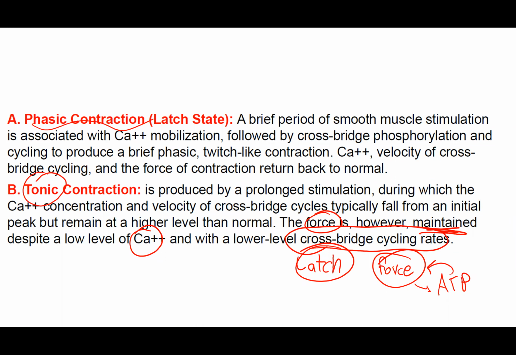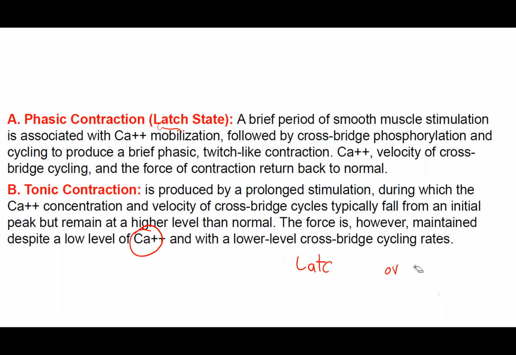Someone asked: are smooth muscles always in the latch state? It depends on the type of smooth muscle. Some smooth muscles don't need to be in the latch state all the time. For example, in the GI tract, the smooth muscle needs to contract once, so it doesn't need to be in a latch state.